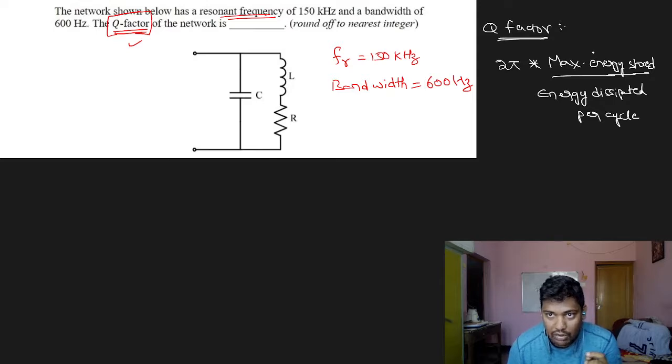So here we need energy storage elements as well as energy dissipating elements. We need both things in order to find Q factor.